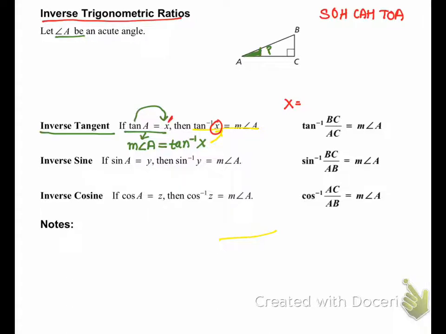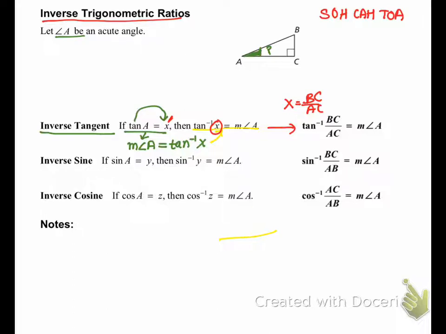Tangent of A is opposite over adjacent, that's BC over AC, and they just plugged it in here for x. So you can simply plug it in and you get this expression.